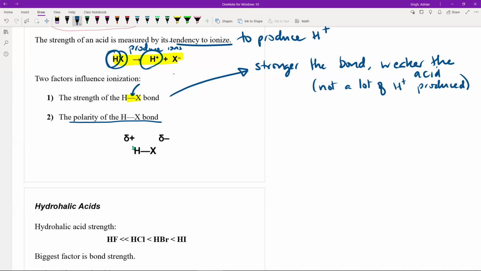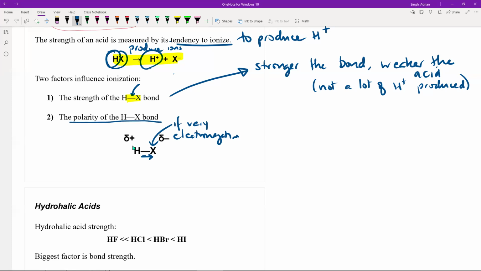The polarity of the HX bond also influences ionization. If we have a big difference in polarity between the H and the X, in other words, if the X is highly electronegative, because the electronegativity of the H doesn't change, then X becomes more electronegative, which means it's pulling on the shared electrons more strongly towards itself.